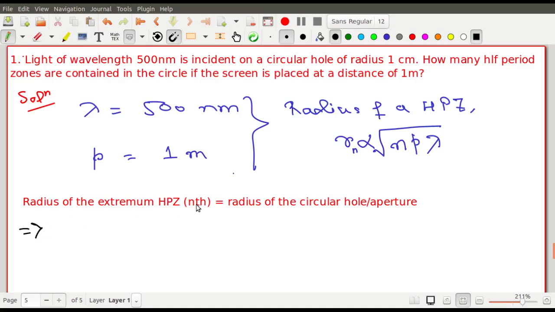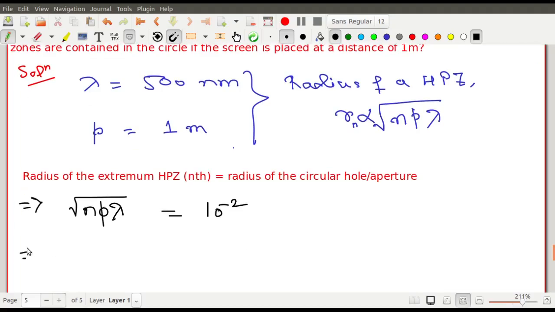So the radius of the extremum half period zone is given by the formula root over np lambda, and the radius of the circular hole here is given as 1 centimeter. 1 centimeter means 10 to the power minus 2 meter, because I am using the meter scale.